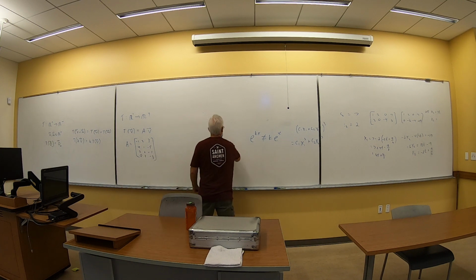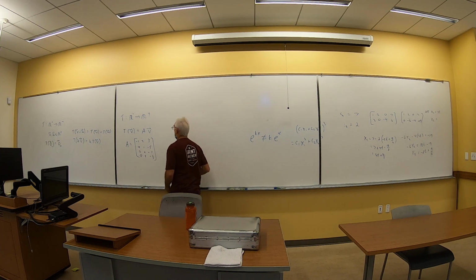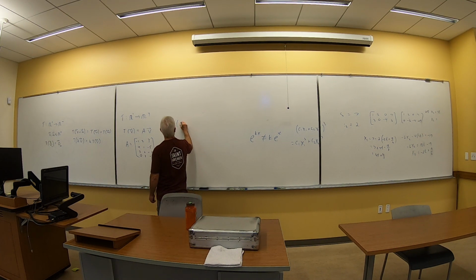So how does that work? Well, what would T of x1, x2, x3 look like then? It's got to be a vector, by the way.